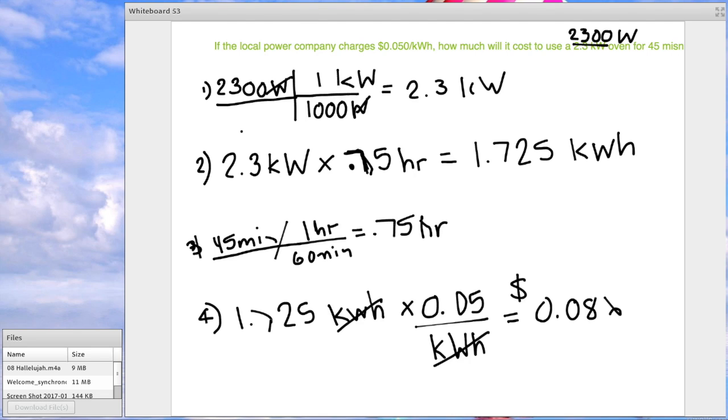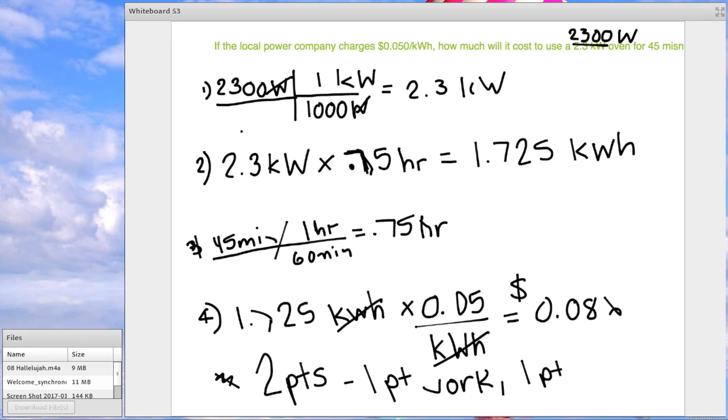A problem like this would be worth 2 points: 1 point for your work and 1 point for the answer. So even if you get the perfect answer, you lose half of it by not showing your work. Please do, because then I can give you partial credit, and you won't get full credit if you don't.